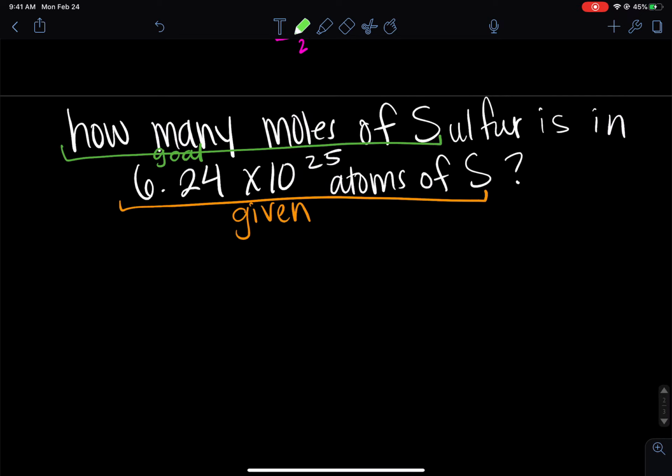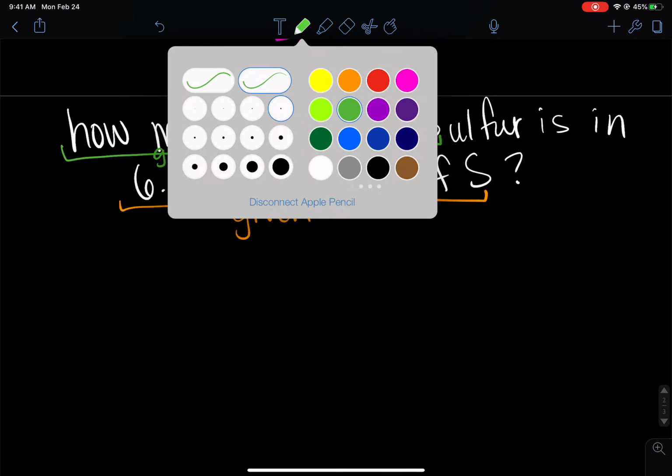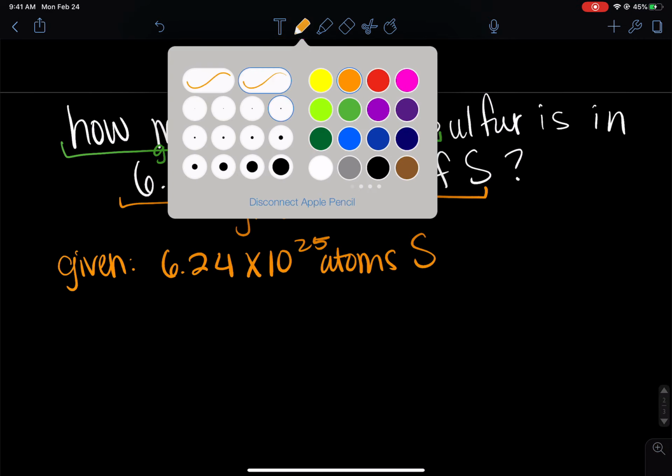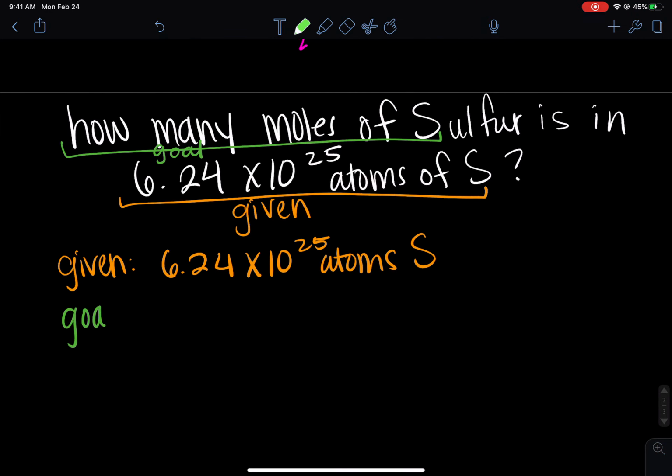Okay, so once you know your given and your goal, you can rewrite them if you want to make it clear. So given is 6.24 times 10 to the 25th atoms of sulfur. And your goal is you want to know how many moles of sulfur. So question mark, moles of sulfur.